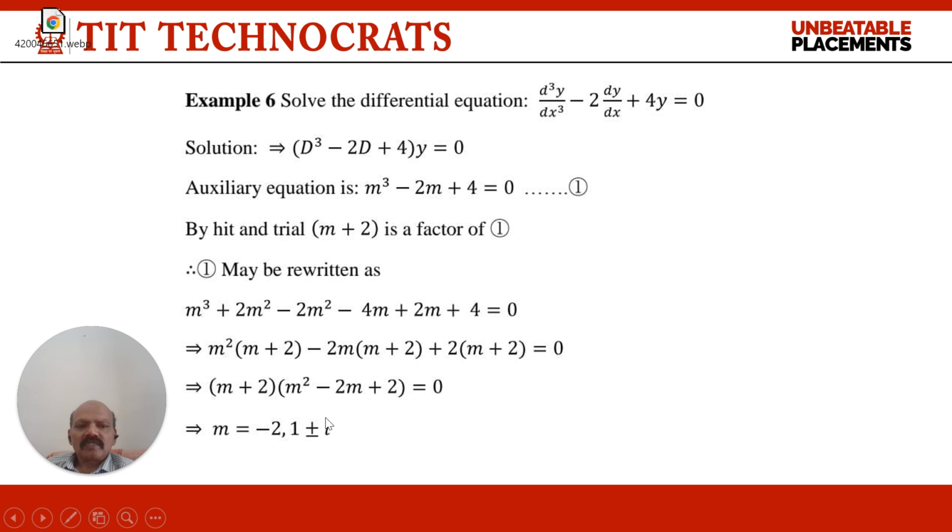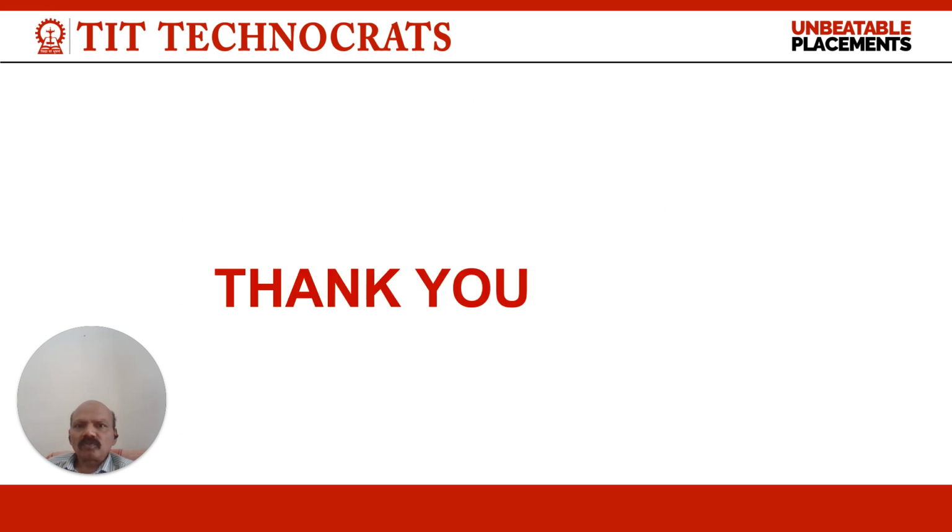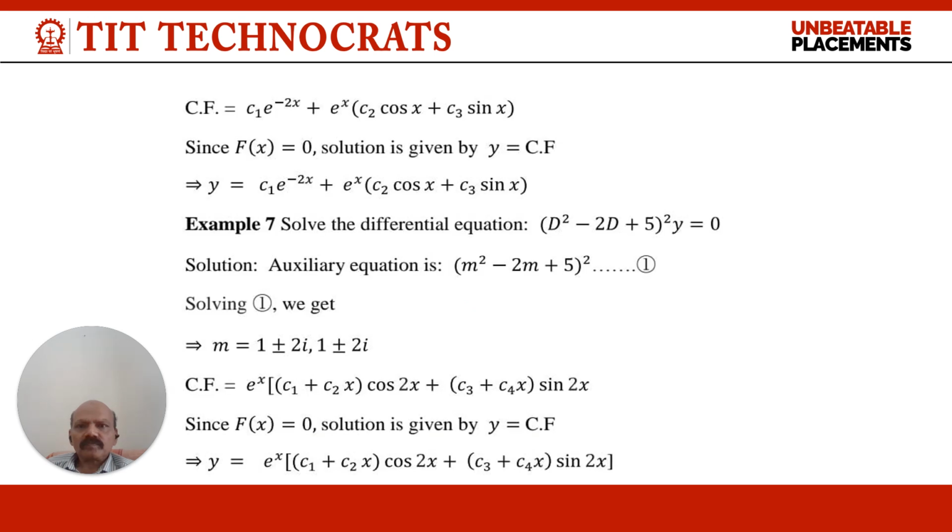Here we will show you how we get the solution corresponding to complex roots. Corresponding to minus 2, we have C1 into e raised to minus 2x, and for the complex root we have e raised to x (C2 into cos x plus C3 into sin x).